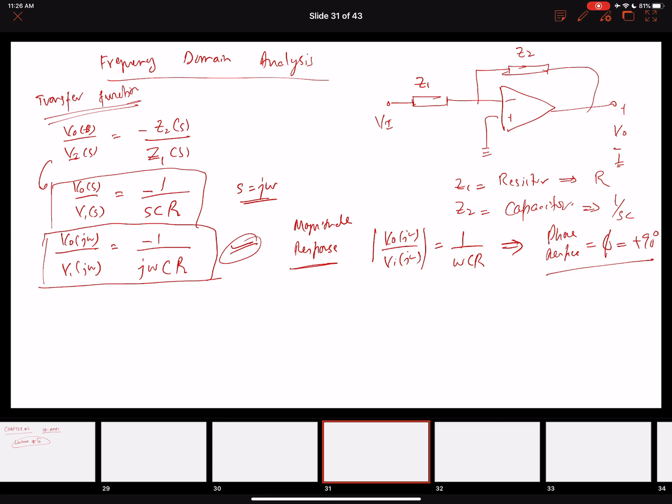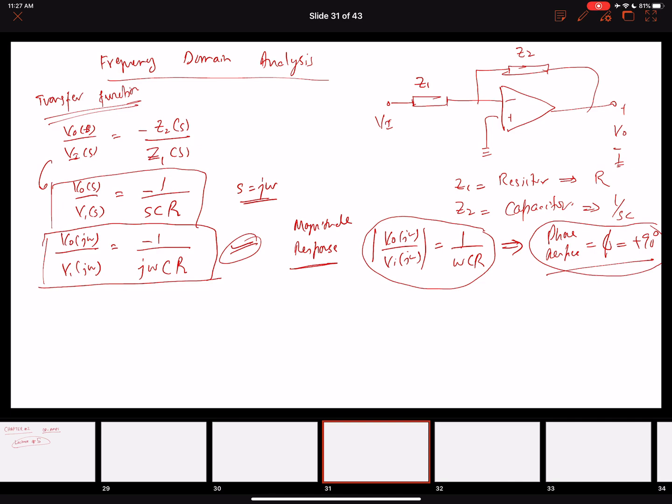You can easily find the magnitude and the phase of this complex number. So this is the magnitude response of this transfer function, and this is the phase of this integrator.